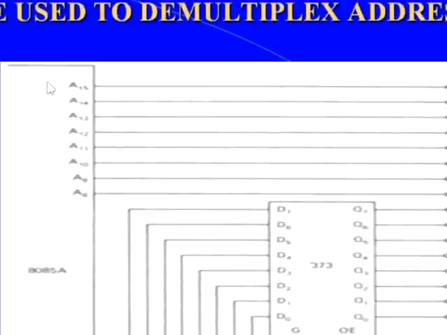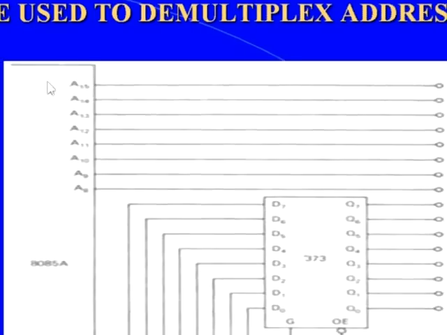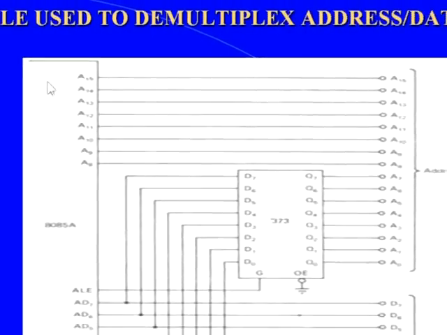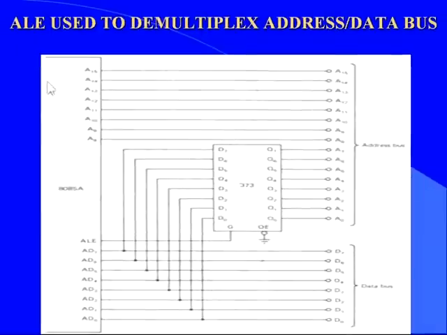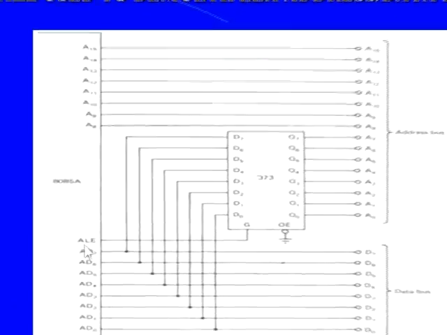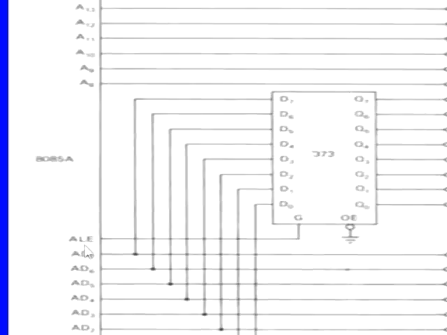Then during the first T state of the opcode fetch machine cycle, the ALE of the microprocessor generates one pulse. If a pulse is generated from ALE, it will enable the latch called 74LS373.